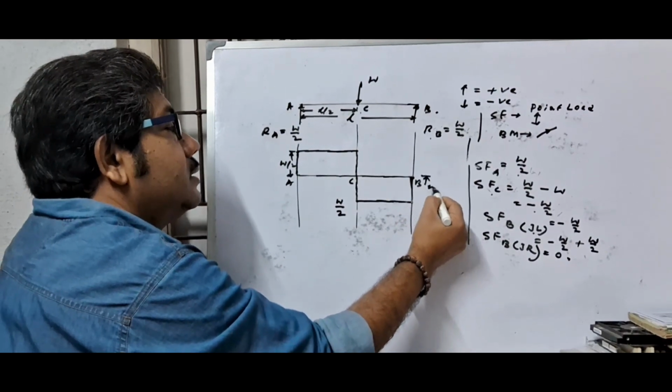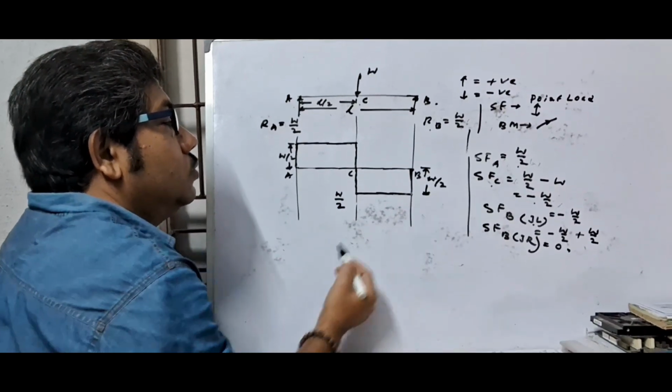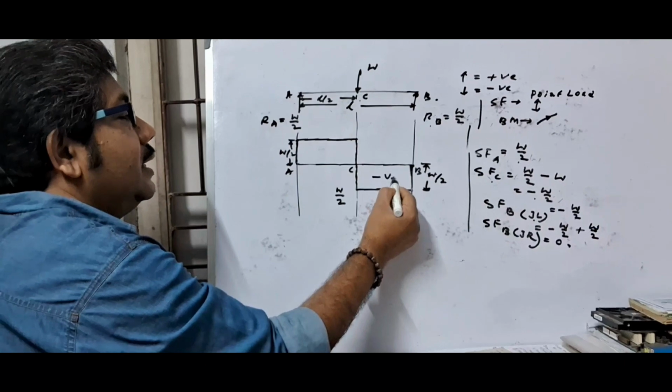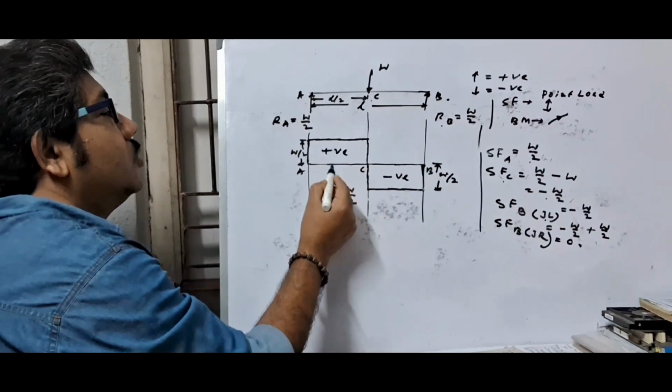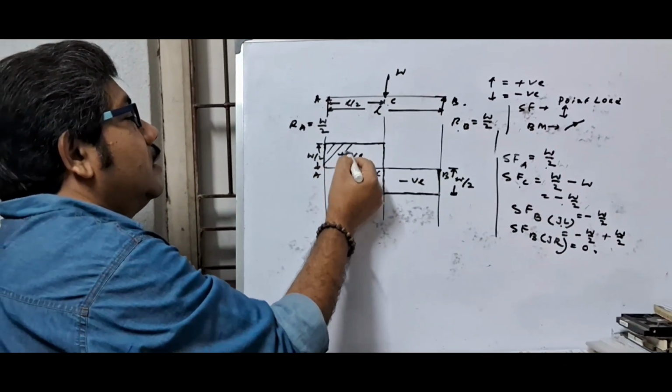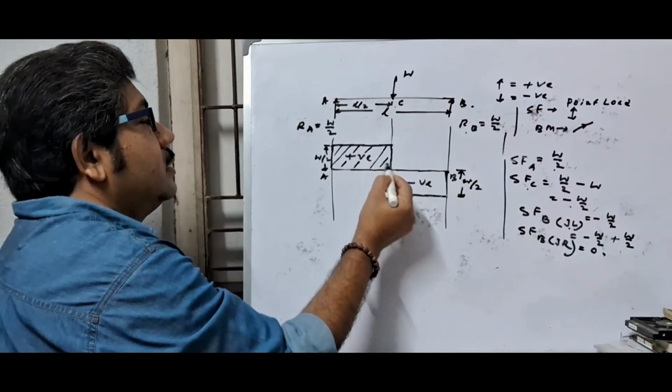This is W by 2, this is negative and this is positive, and you must draw the section line.